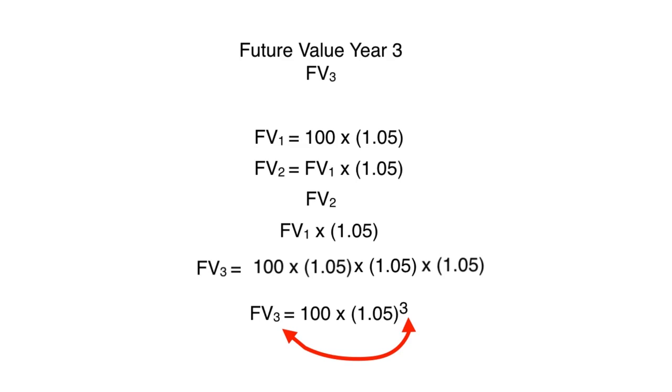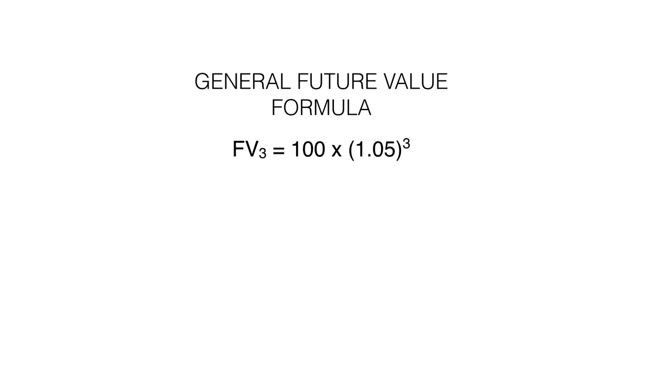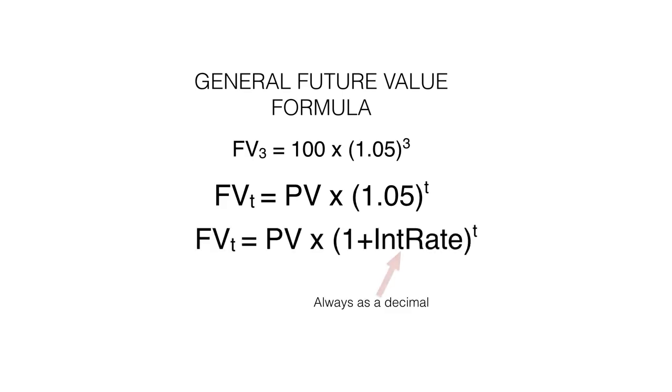The exponent 3, therefore exponential growth. Now we can generalize and say that for the future value in year t, it will always be the present value times 1 plus the interest rate to the t power. This is exponential growth because the exponent is the number of years that the amount grows.